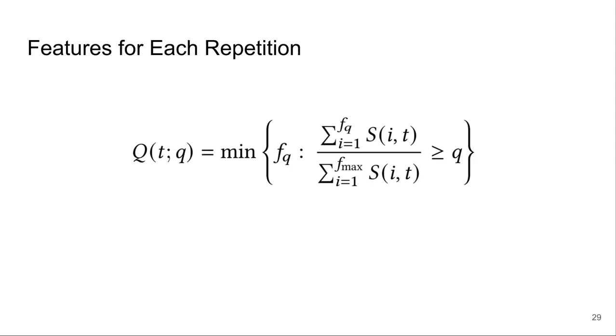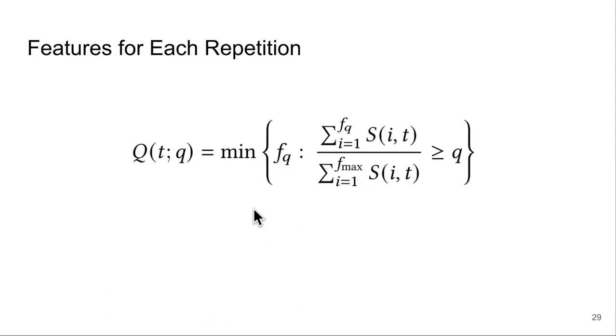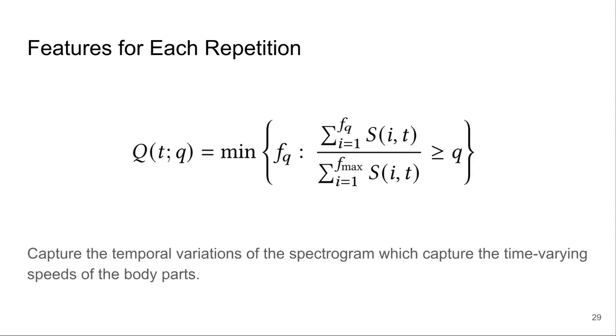In particular, the Q quantile of a spectrogram S of F and T is given as follows as a function of time, where Q is the Q quantile of the spectrogram as a function of time, and F max is the upper bound of the frequency in the spectrogram, which is 100 hertz in our case.